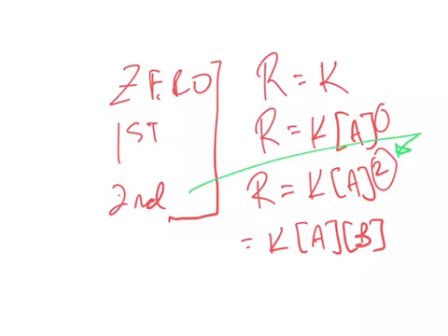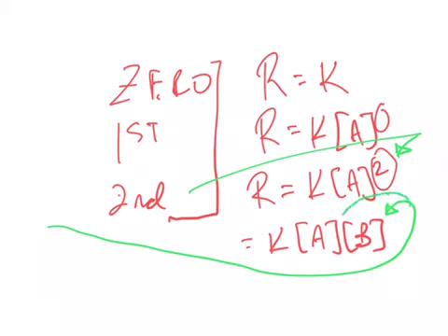It could be the concentration of A is squared, or, wait for it, if I called on Danae, I know she would know this answer. Danae would say, oh, Mr. Burkamp, we could clearly add those exponents together, get 1 plus 1, and also end up with a second order overall. So these are going to be the big three. Sometimes you get third order, but that's going to be pretty rare.